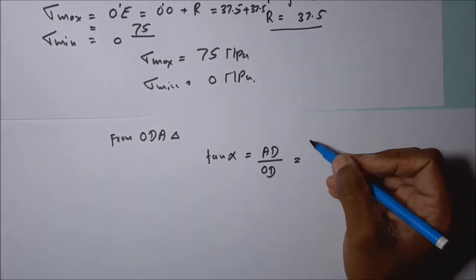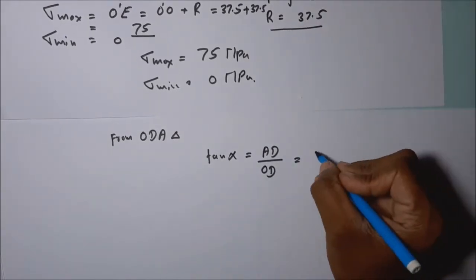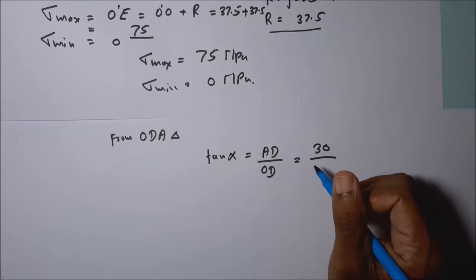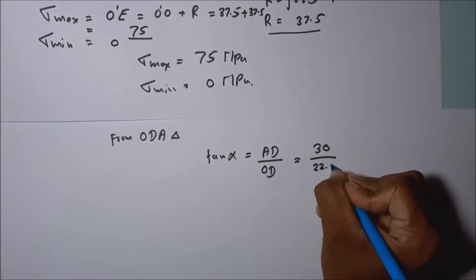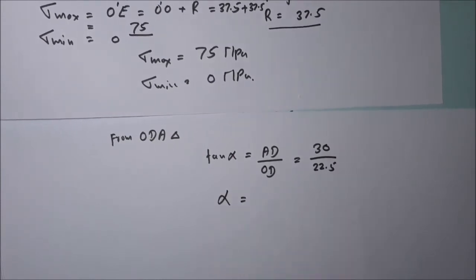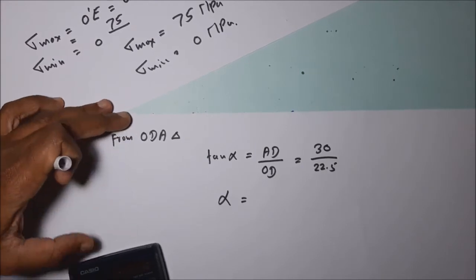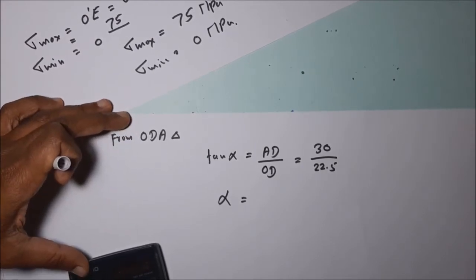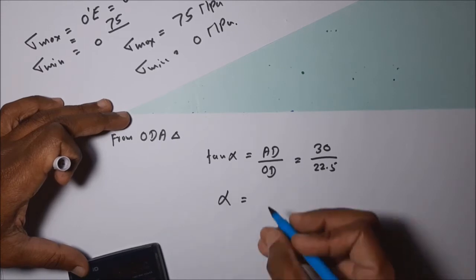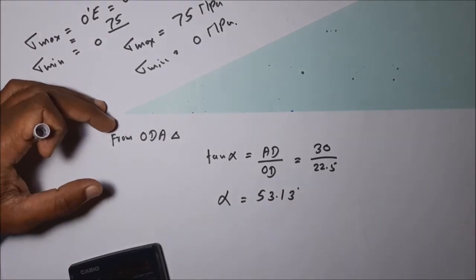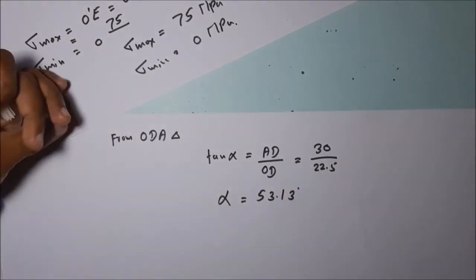What is AD? AD is equal to 30. OD is equal to 22.5. Then we get the answer for alpha. Alpha is equal to 53.13 degrees.